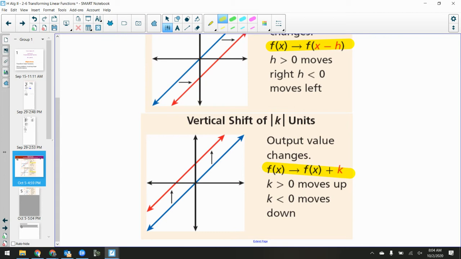But I'm not changing the input value with the vertical things. I'm changing the output value. I'm just basically taking whatever f of x is, and I'm tacking on plus 2. So let's do that. So now, let's call it our new function, g of x is going to be equal to f of x, 2x plus 3, and then I'm just going to add 2 to that function.